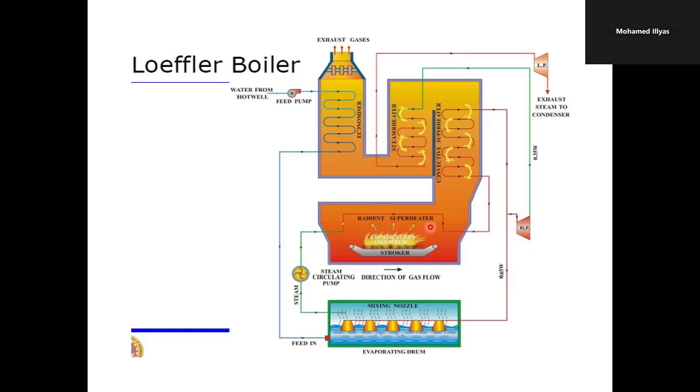The hot gases will be flowing to the convective superheater to transfer its heat to produce the superheated steam. After that, it goes to the steam reheater. Then it goes to the economizer. And finally, through the air preheater and is sent through the chimney to the atmosphere.